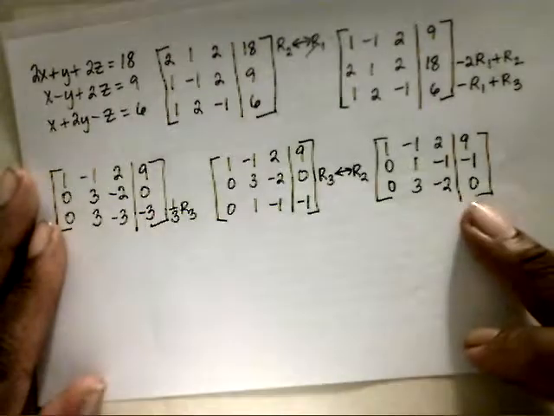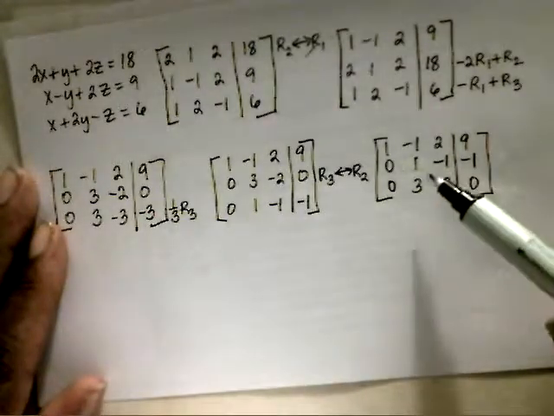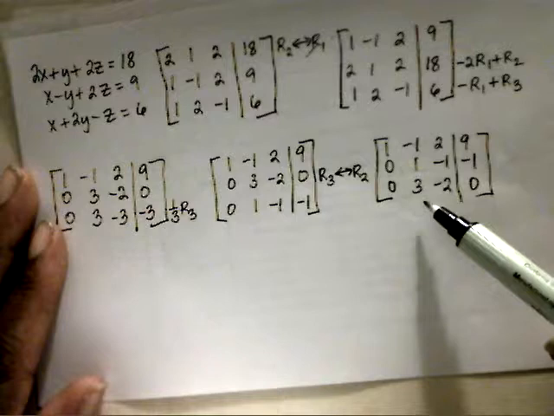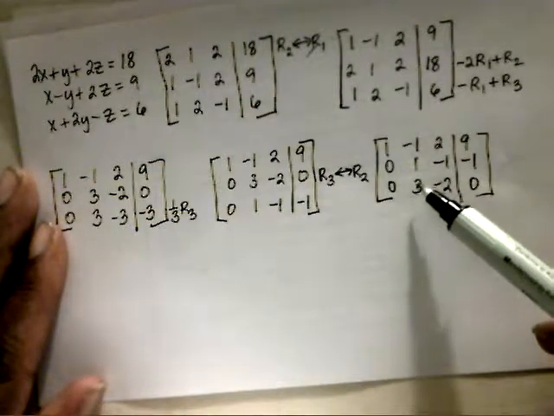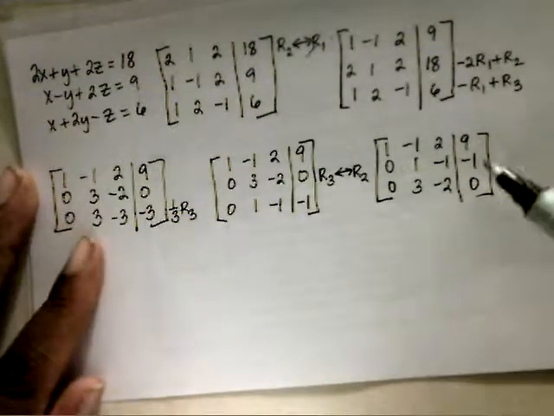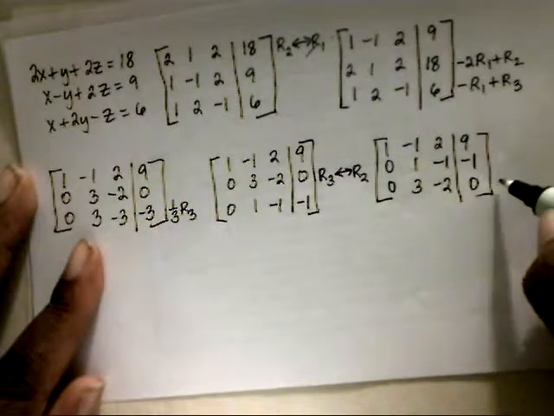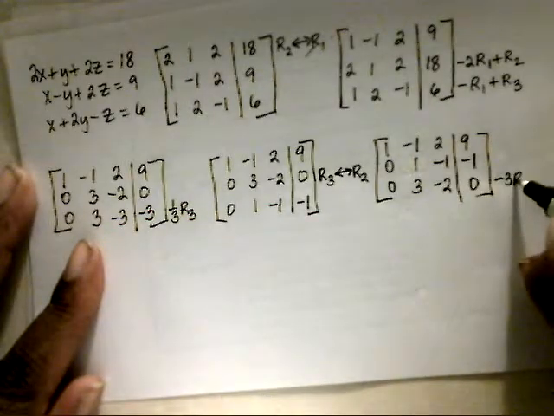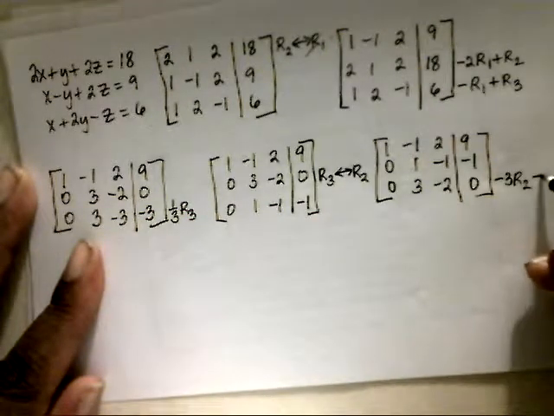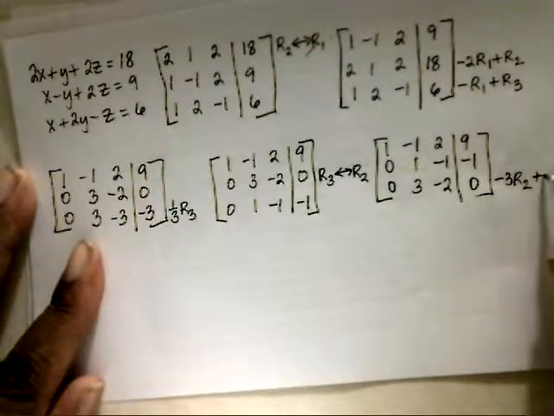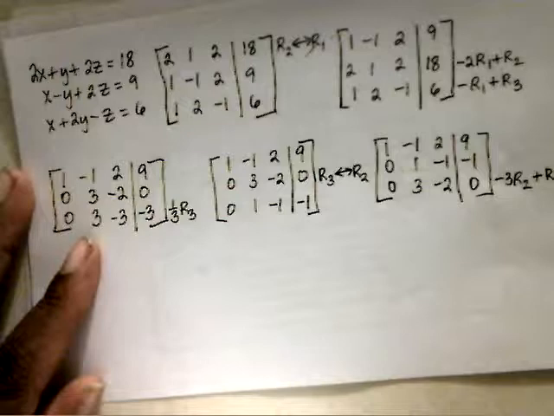All right. Now, the last thing I need to do here, I need to get rid of this 3 down here. I need to get a 0 down here. And it's a multiple of 3, so I need to do negative 3 times row 2 plus row 3.